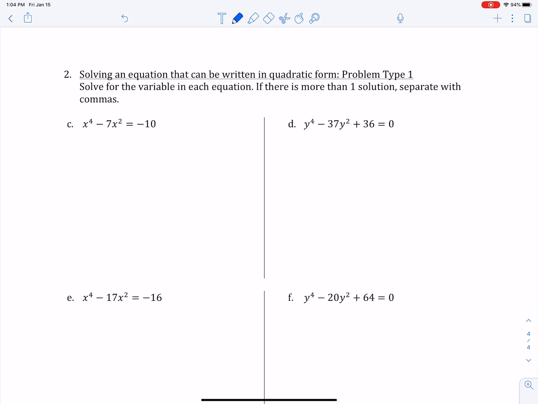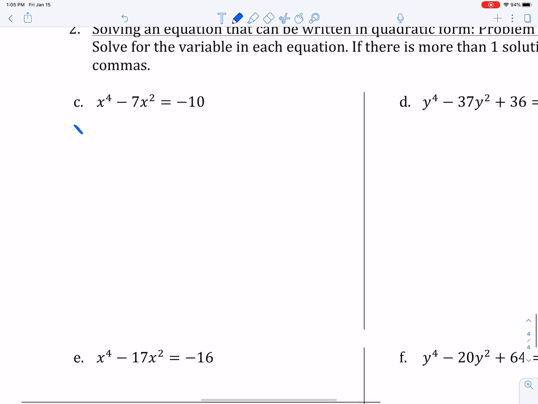So if you notice, I have x to the 4th power minus 7x squared equals negative 10. Well, let's bring that negative 10 over to the left-hand side. I have x to the 4th minus 7x squared plus 10 equals 0. Well, what I want to do here is utilize my c and b.